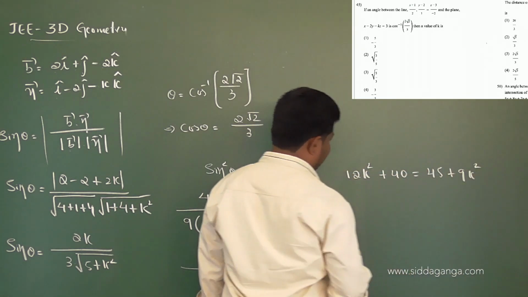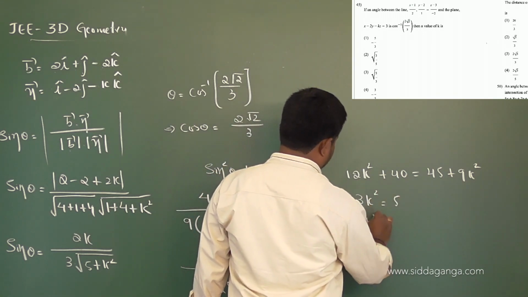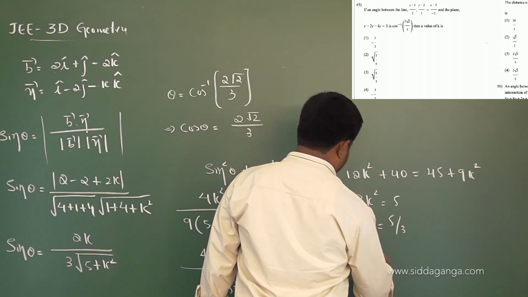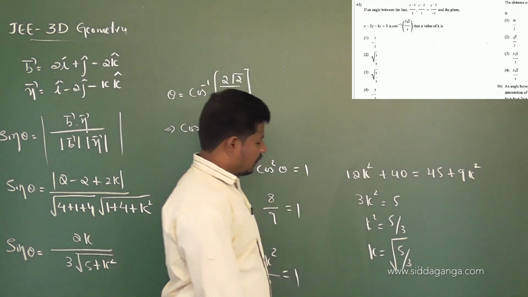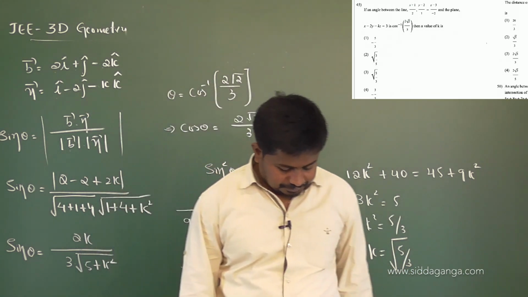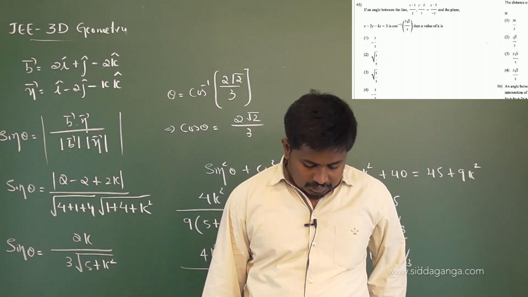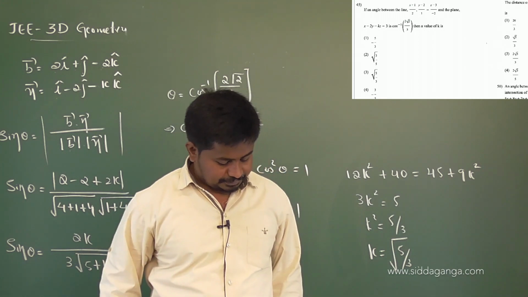So 12k square minus 9k square, that is 3k square, is equal to 5. So k square is 5 by 3, that is k is equal to plus or minus root 5 by 3. So option 3 is the correct one, root 5 by 3.